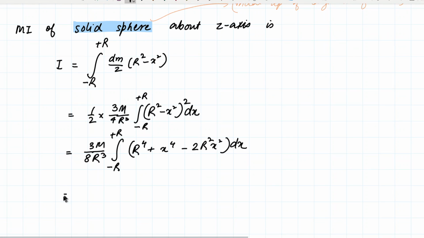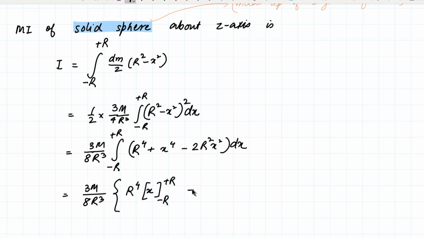So this is simply going to be equal to 3 capital M upon 8r cube, so this is r to the power 4 x from minus r to plus r plus 1/5 x to the power 5 from minus r to plus r minus 2r square upon 3 x cube from minus r to plus r. Let's solve this.